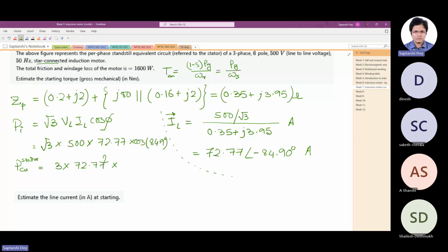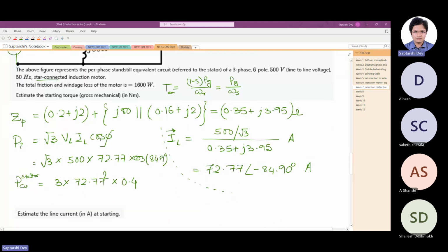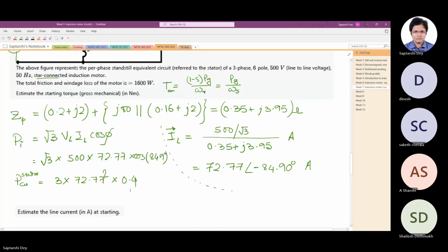Now, since this is for a whole machine, in calculating the stator copper loss, I have to multiply by 3 here. 3 I squared R. So not 0.4, 0.2. The last one was 0.4.